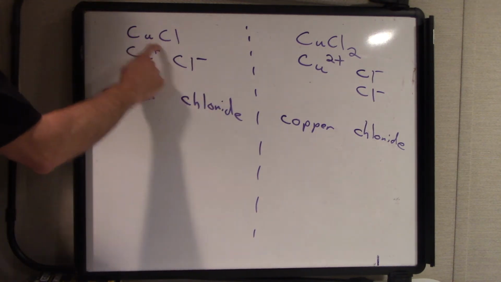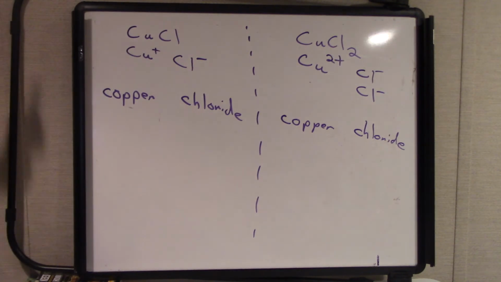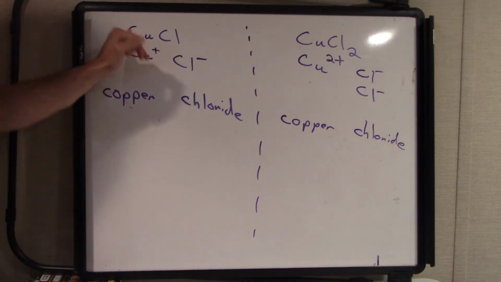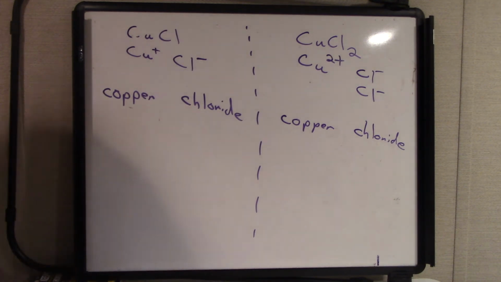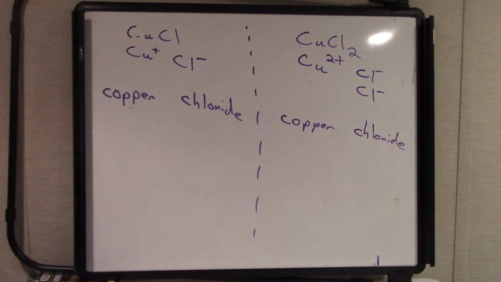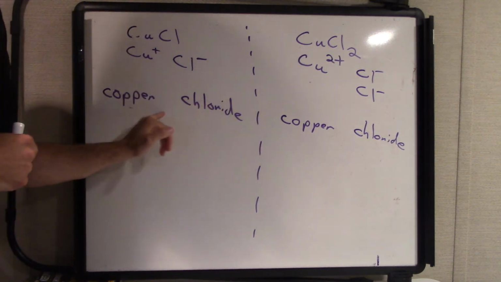Copper chloride. Copper chloride. That's a problem because these 2 compounds are very, very different. They have different physical properties, things like density, melting point, boiling point, color. They also have different chemical properties. How they react is very different. And so far, we don't have a way of telling them apart.